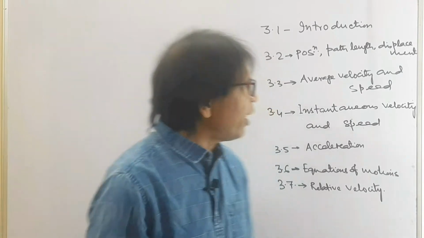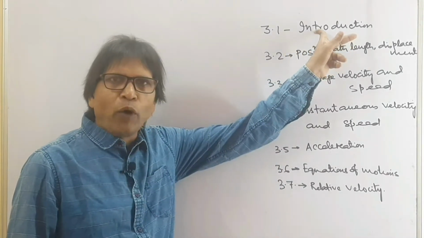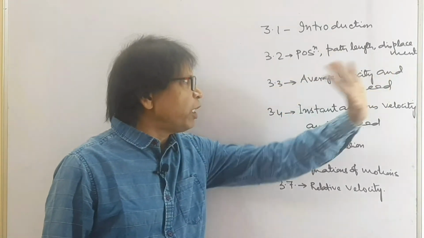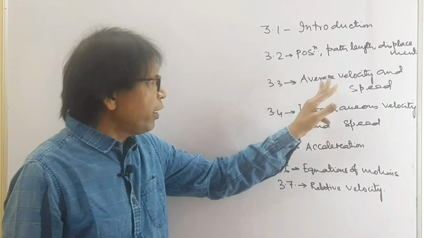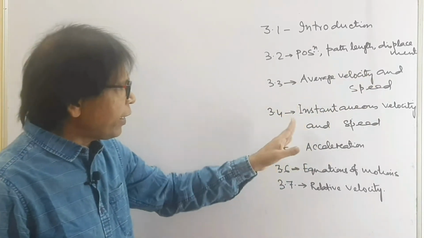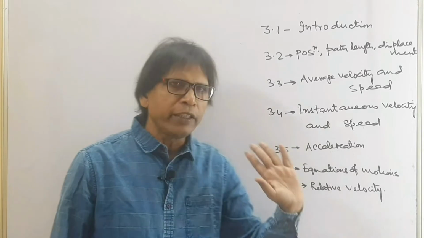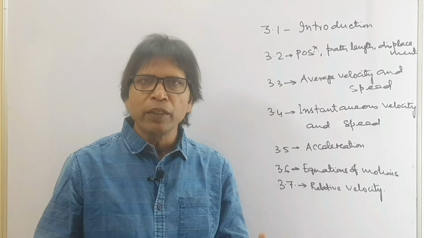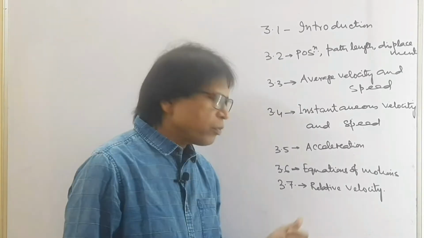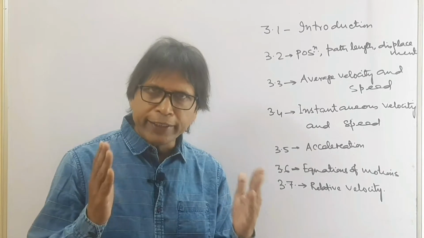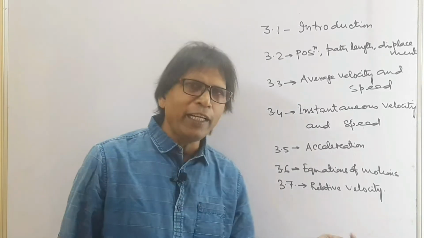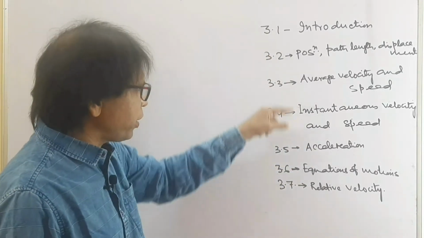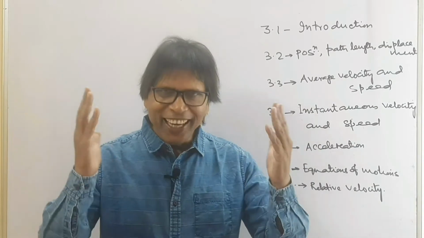Our discussions are introduction of one dimensional motion, position, path length and displacement, average velocity, average speed, instantaneous velocity, instantaneous speed, velocity time graph, displacement time graph, acceleration time graph, equation of motion for constant acceleration, and finally relative motion. And the NCERT numericals of all topics related to this. Now let's start.